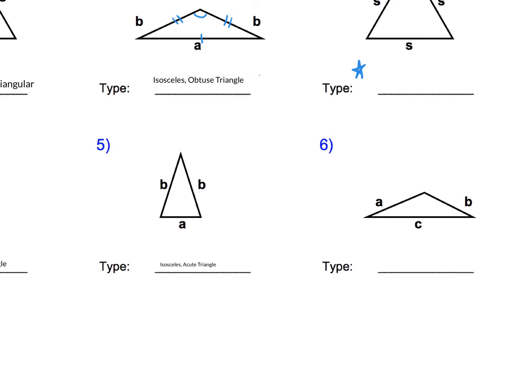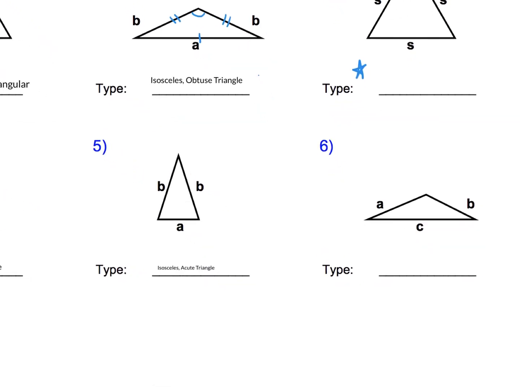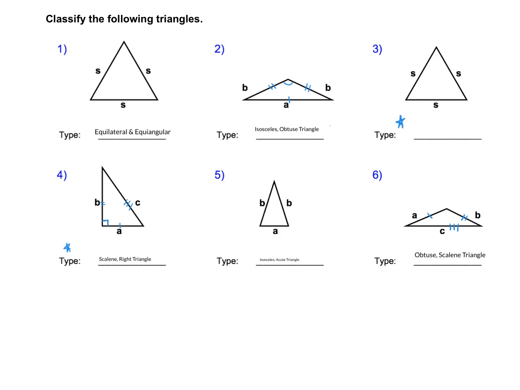This one looks awfully close to number 2, but look, all 3 sides are a little different because the letters are A, B, and C. So of all 3 sides, this would mean that this is an obtuse scalene triangle. Check yours with mine. Pause the video if you need to write those down.